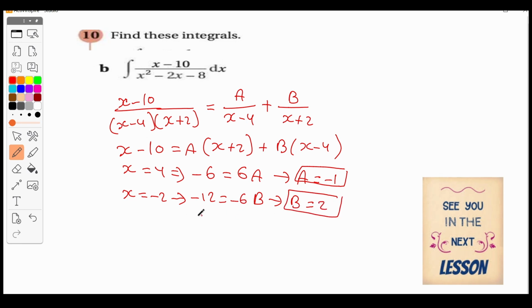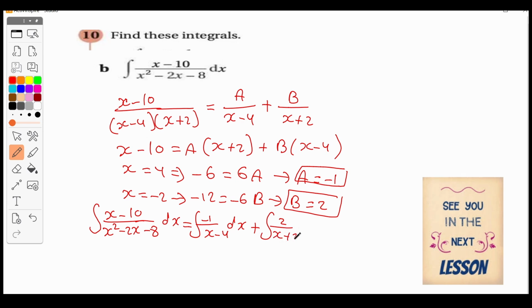Now we have the values of a and b, so the integral of the given expression, x minus 10 over x squared minus 2x minus 8 dx, is equal to the integral of negative 1 over x minus 4 dx, plus the integral of the value of b, 2 over x plus 2 dx.